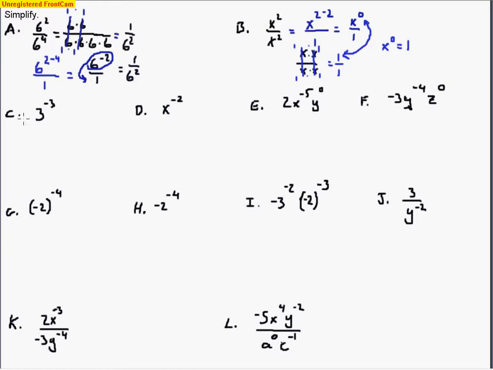And so when we go ahead and do this, we'll treat this as a fraction. Write that as 3 to the negative third over 1, and let's just take the reciprocal. And when we do that, what we end up with is an answer with positive exponents. And now we can go ahead and multiply out those exponents. And we end up with 1 over 27.